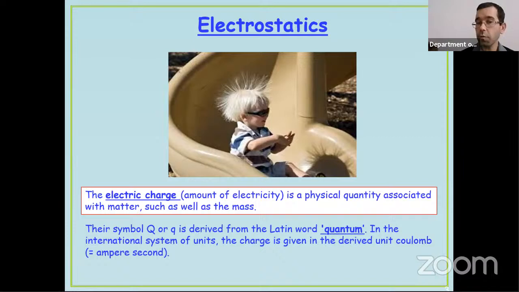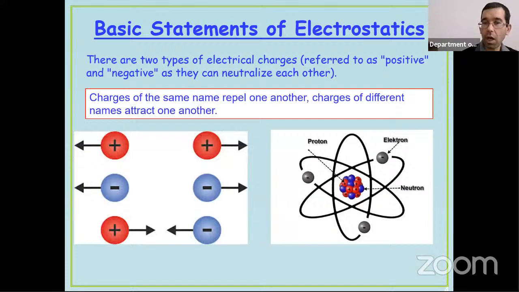But first of all, we need to accept this very important feature: electric charge has the same feature as mass in the sense that it's conserved. So it's a very important quantity in physics. And let's see how it behaves.